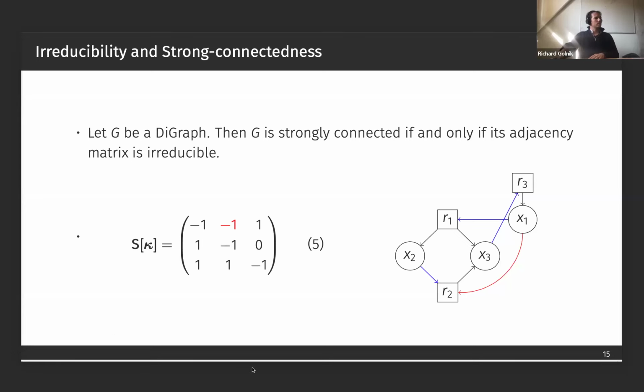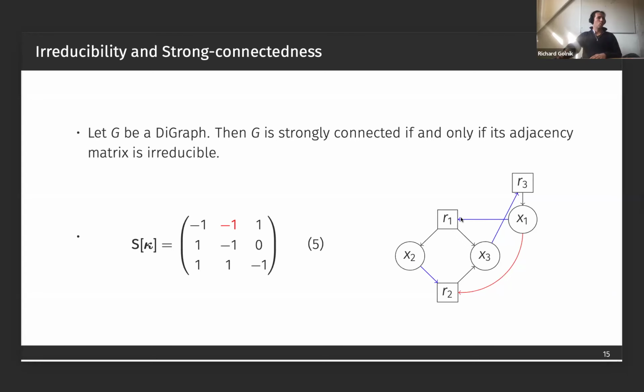So again, let us look at this child selection matrix here, which is represented by this graph. And I also marked this additional edge, which is induced by this negative off-diagonal entry. And to get from x1 to x3, there are basically two ways of going via reactions.